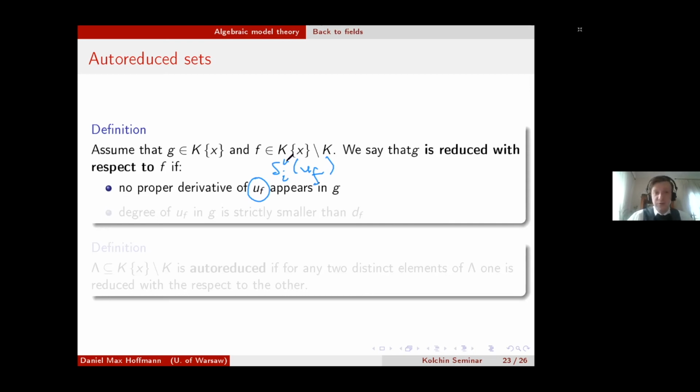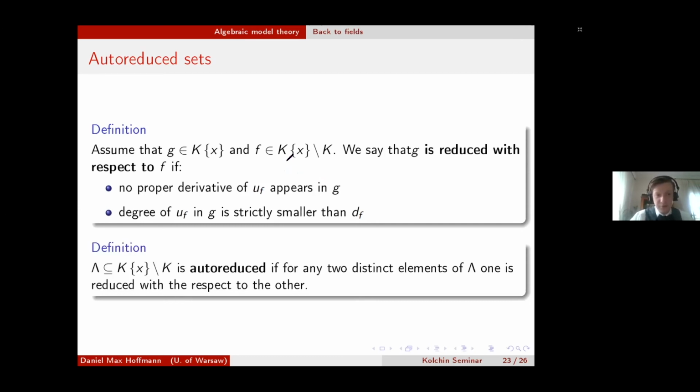You can have delta G, and so on. And the degree of UF in G is strictly smaller than df, the degree of UF in F. That's what the second dot says.